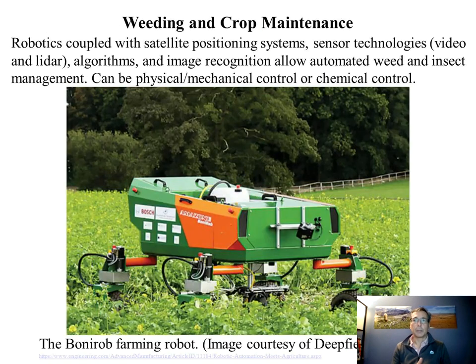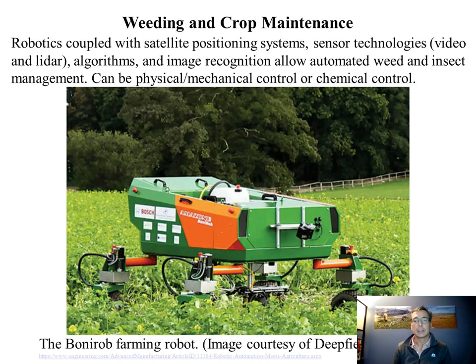We're also seeing the development of new robotic weeders, so you could have robots going out into your field and automatically weeding all of the time, even without the operator being present. So it could be using electrical controls to zap the weeds, or a herbicide application, or even a mechanical removal process.